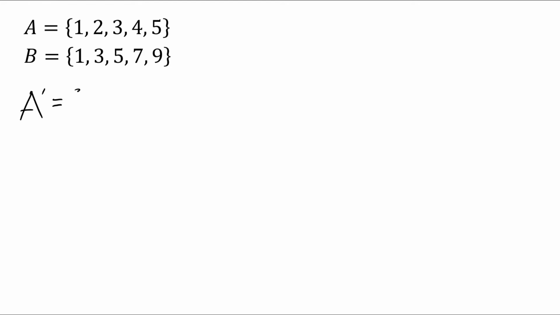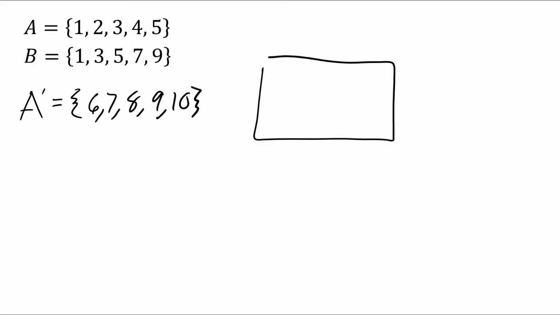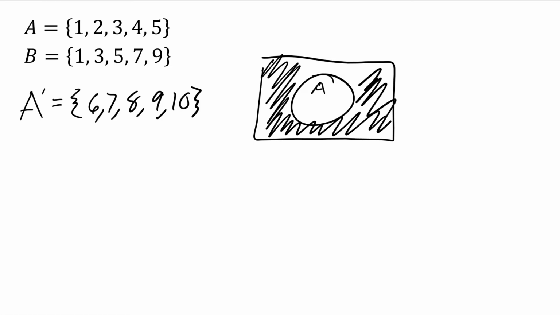So that would be 6, 7, 8, 9, and 10. If we were to draw the complement of set A, everything would be shaded outside of set A. So the complement we can kind of think of as the opposite. It's not exactly the opposite, but it is all of the things outside of A.